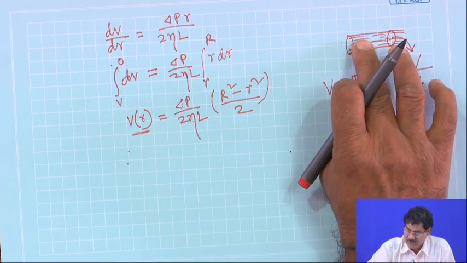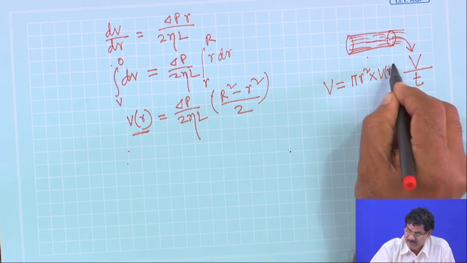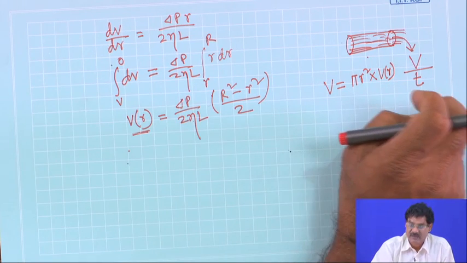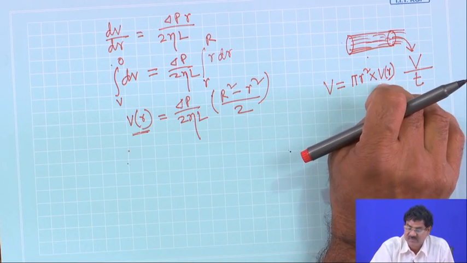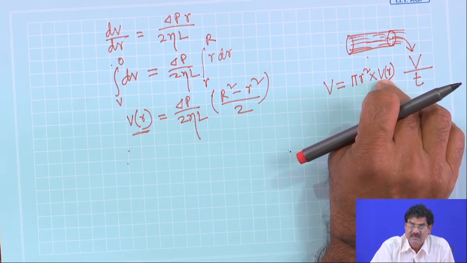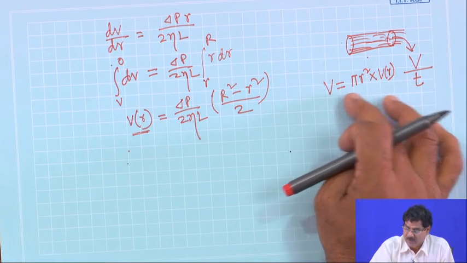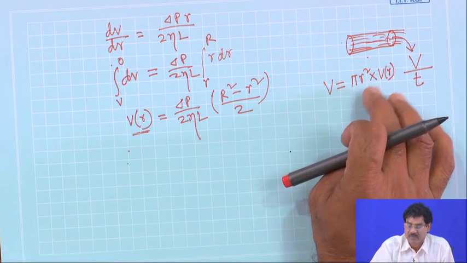Okay. So, the average velocity of the liquid, V, as a function of r. Here I can say this is the volume of liquid that will come out per unit time.